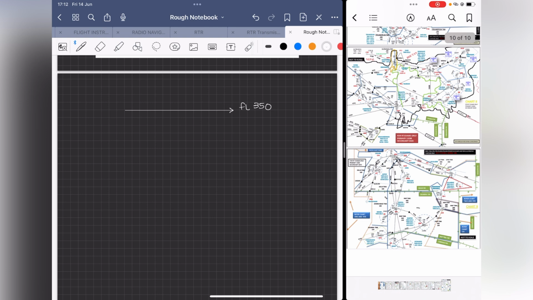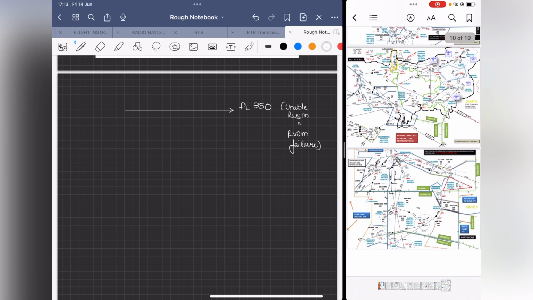Let's say you had an RVSM failure. And this could be anything: mode C failure, primary altimeter failure, anything of those 5-6 requirements you've spoken about. Then what's my intention? My overall intention or plan is to get out of this RVSM airspace.